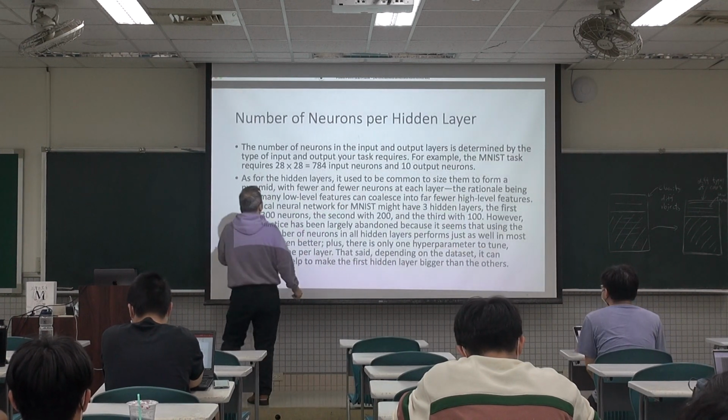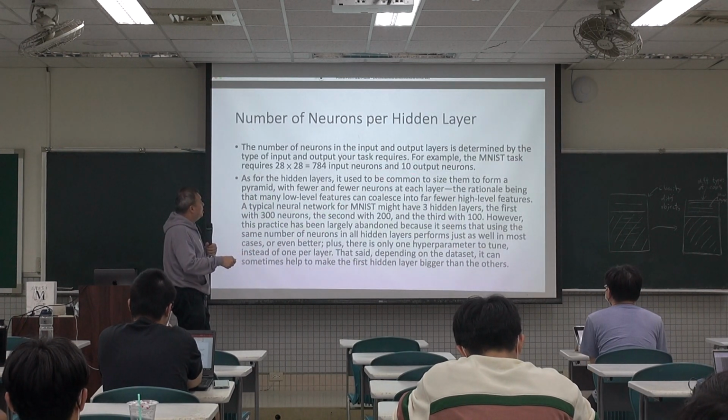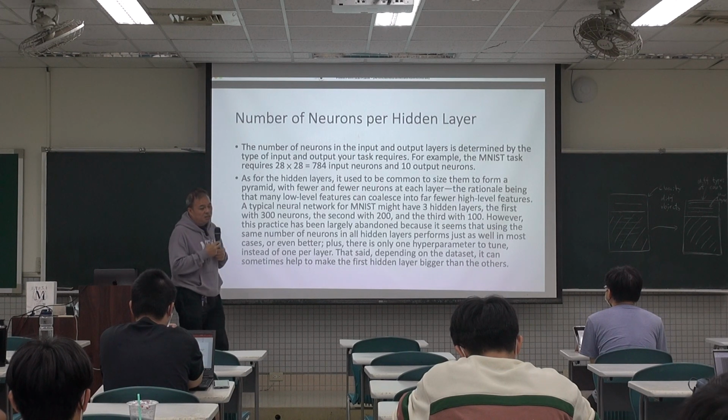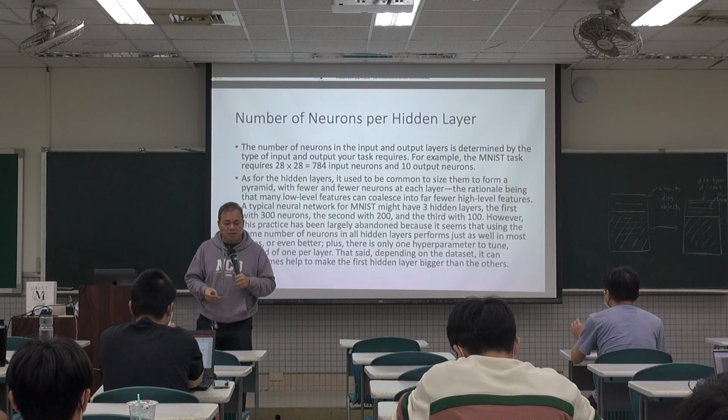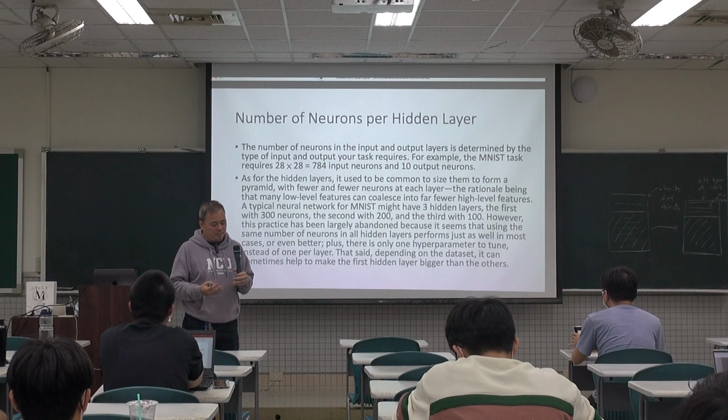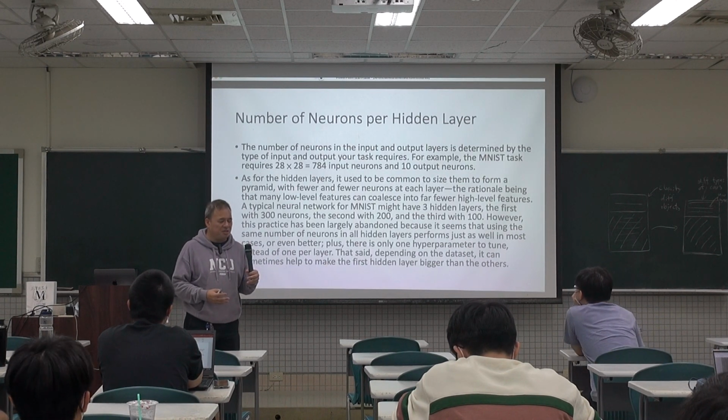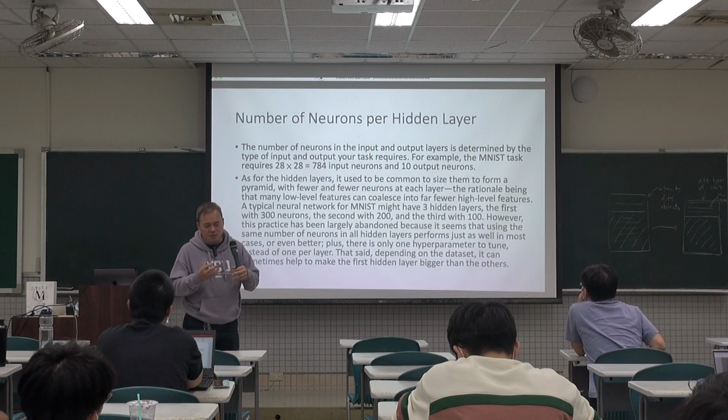As for the number of neurons, for the input layer, it normally depends on your input set, on how many features you have. That pretty much determines the number of neurons in the input layer.